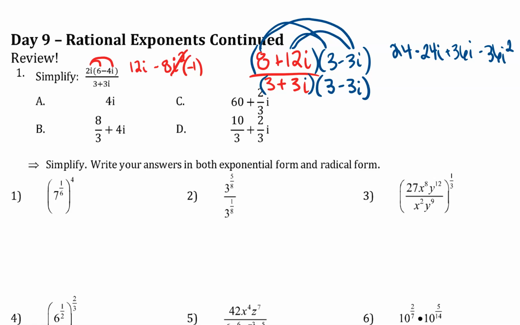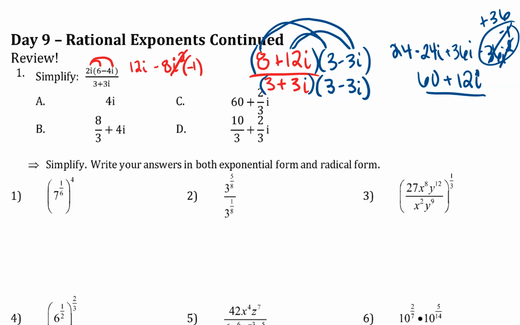Again, remember i squared equals negative 1. So this whole thing just becomes a positive 36. Combine like terms on the top there. 36 plus 24 is going to be 60. And then negative 24 plus 36 is going to be positive 12. So that's what the numerator is going to be.